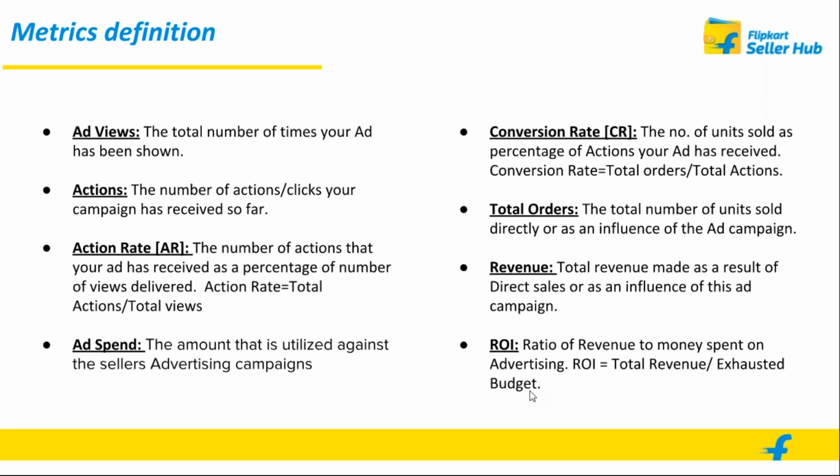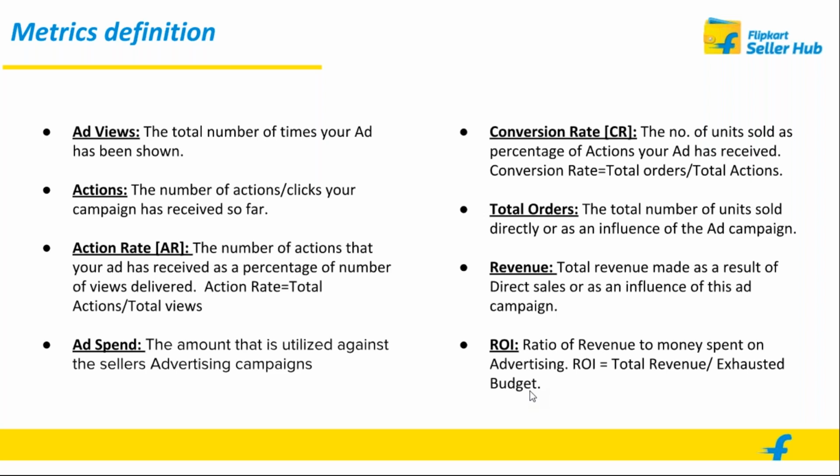I'm not getting into the calculation right now, just for the sake of time, but as a rule of thumb, ACOS for a particular campaign is just the inverse of its ROI. So if you say that my ROI is 5 in this particular campaign, that means that your ACOS is 20%.